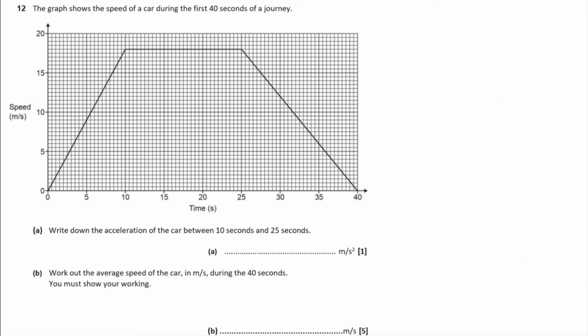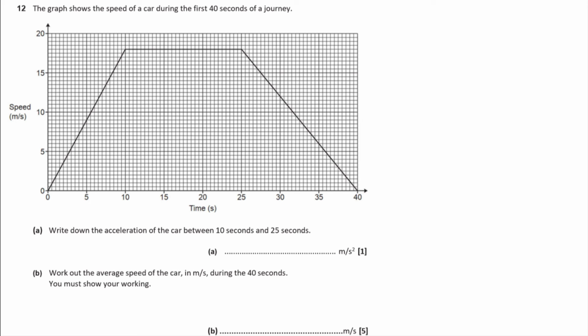Question 12, the graph shows the speed of a car during the first 40 seconds of a journey. It's a speed time graph, speed on the y-axis and time on the x-axis. Write down the acceleration of the car between 10 seconds and 25 seconds. Well, acceleration is the gradient of a speed time graph, isn't it?